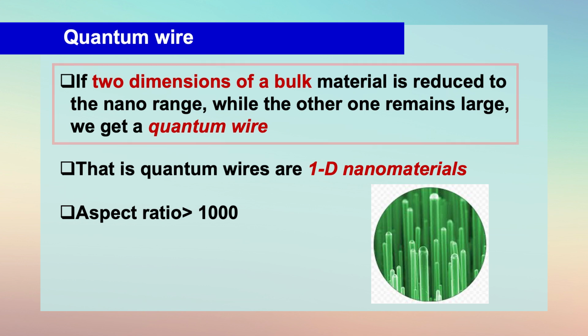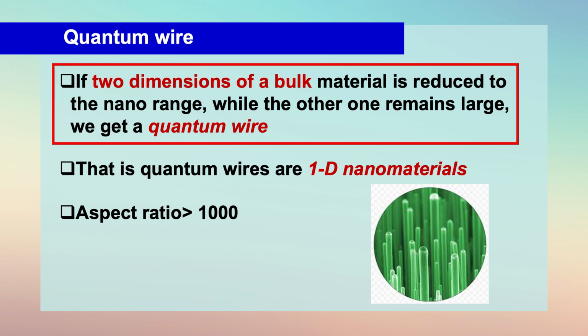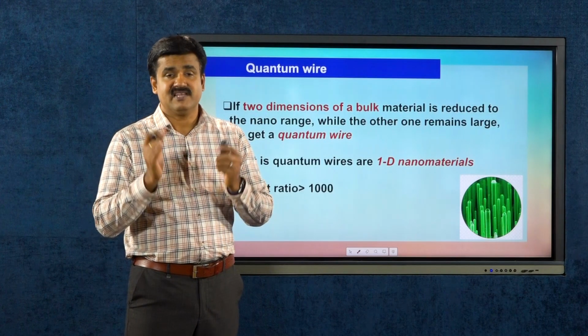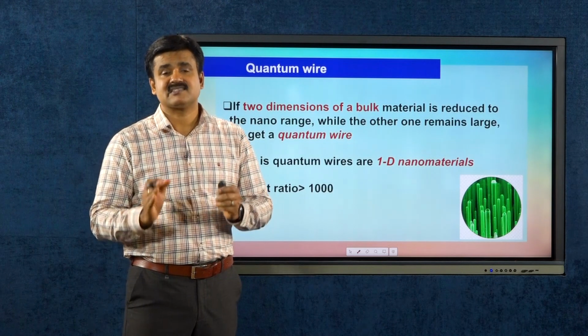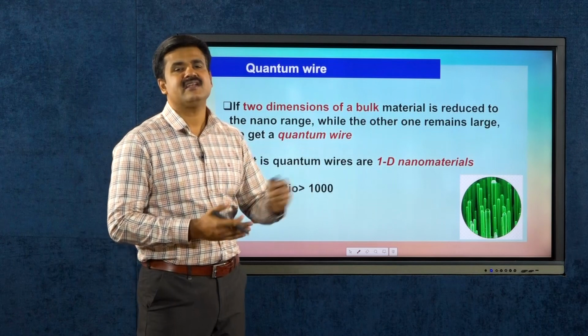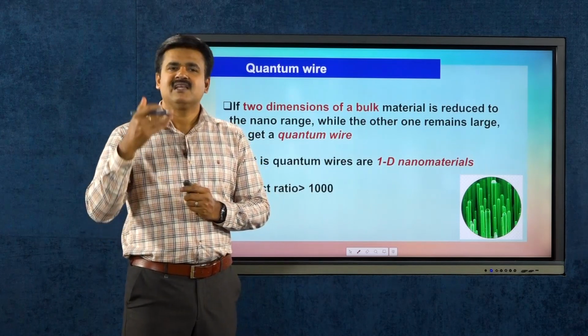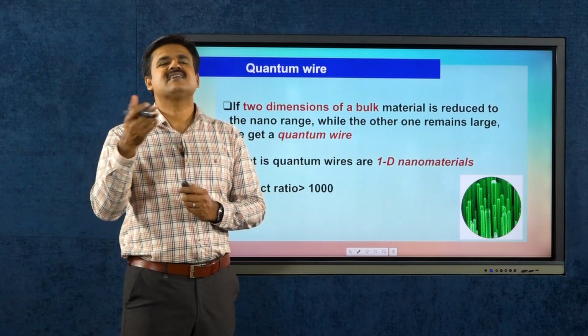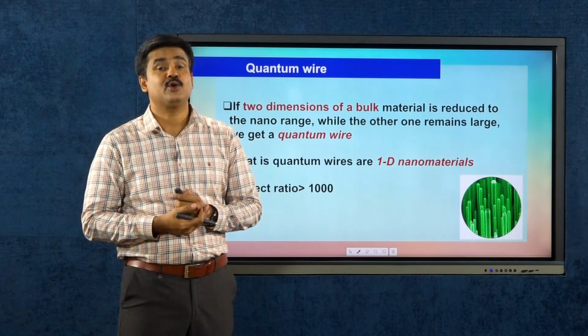If 2 dimensions of a bulk material are reduced to nano range, while the other one remains large, then we get a quantum wire. That is, quantum wire is the general name given to 1D nanomaterial. But this quantum wire is theoretically different from nanorods.